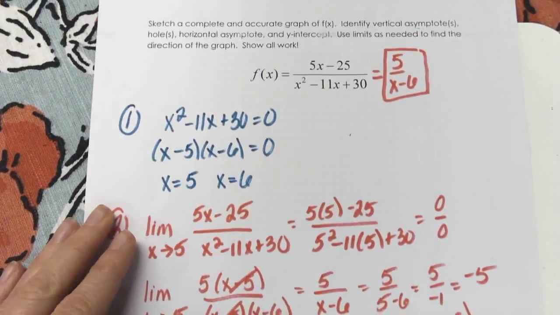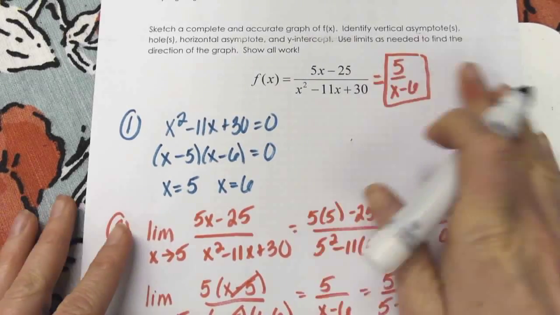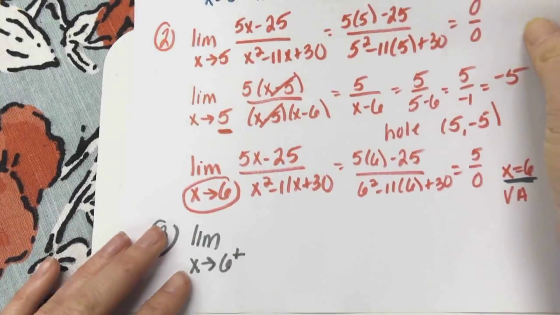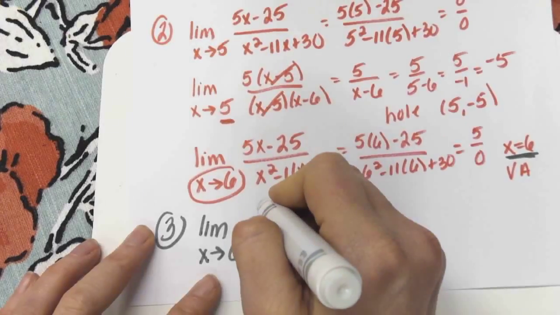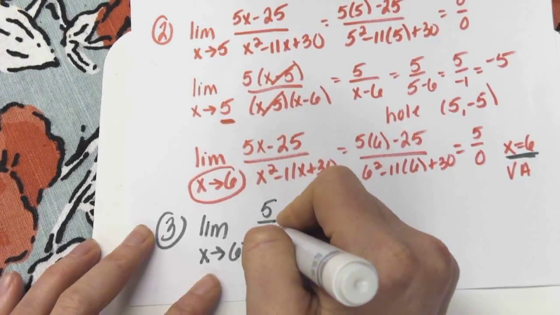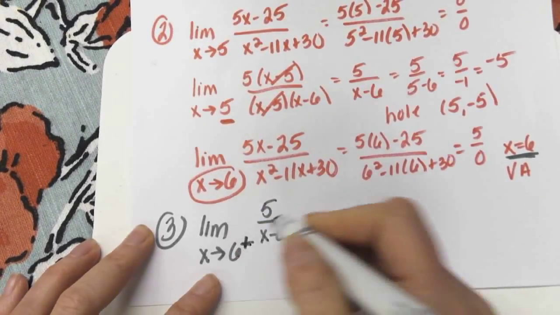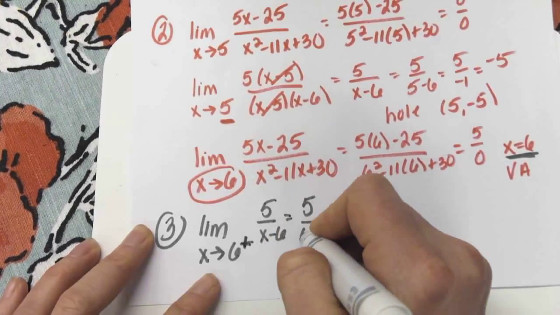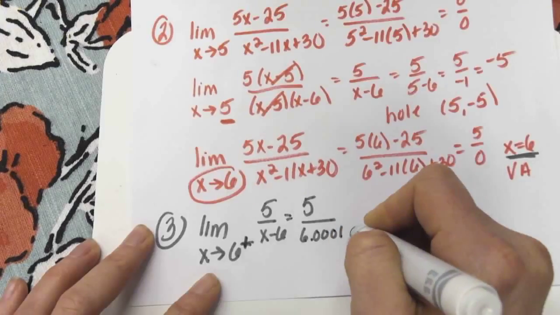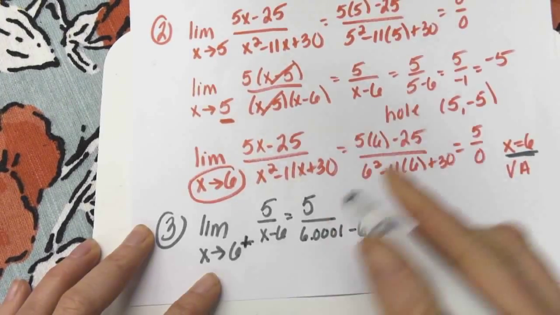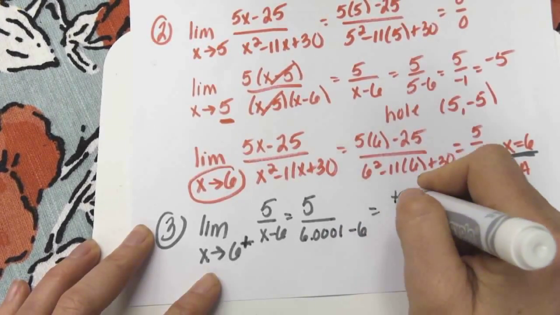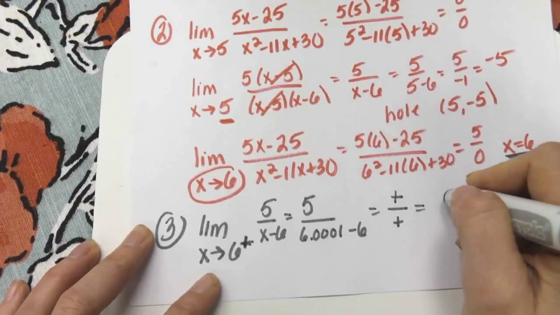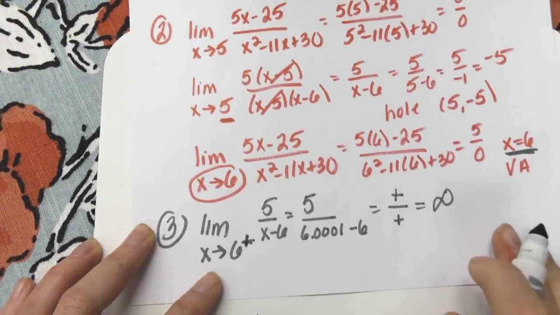And I'm going to go back and use my reduced simplified one, just a little bit easier. So I'm going to substitute in a number very close to 6, but on the right side of it. So I'll have 5 over, let's say, 6.0001 minus 6. That gives me a positive number over a positive number, which means it's approaching infinity.